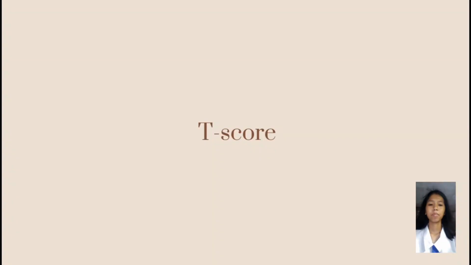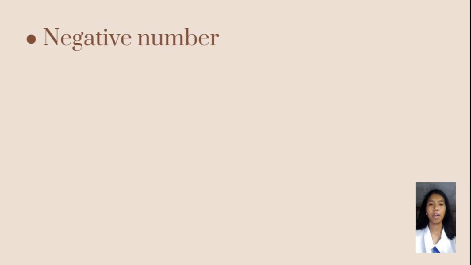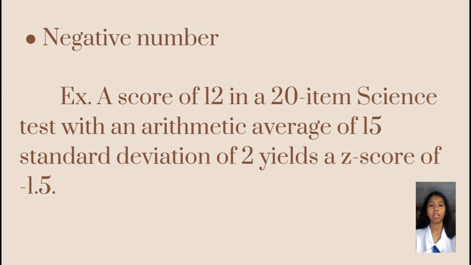And the latest chika I have gathered is about the T-score. Some teachers are not comfortable with using z-scores because of negative numbers. For example, a score of 12 in a 20-item science test with an arithmetic average of 15 and a standard deviation of 2 yields a z-score of negative 1.5.